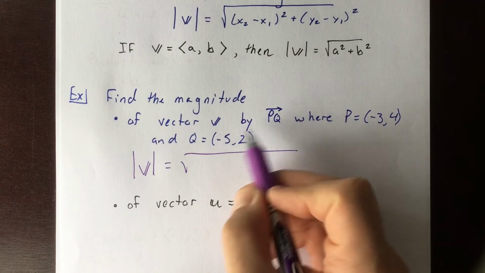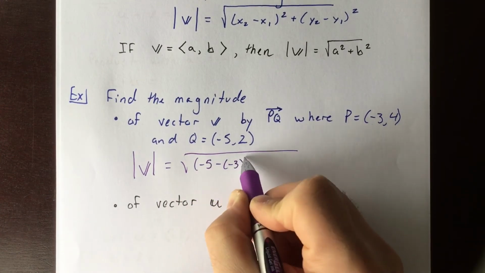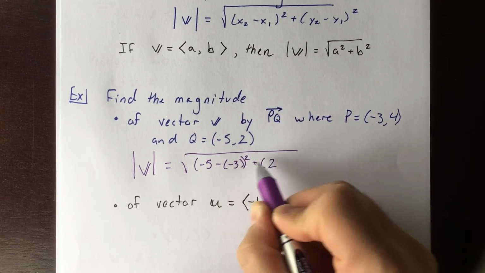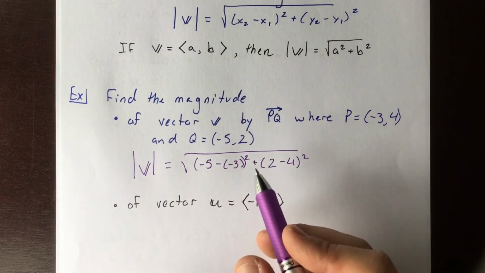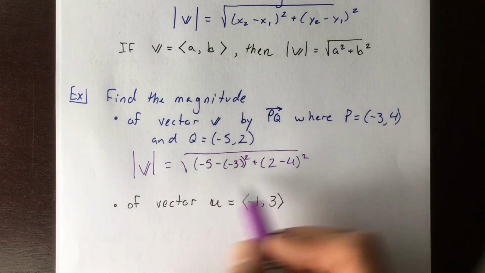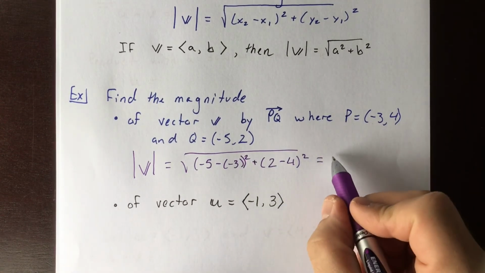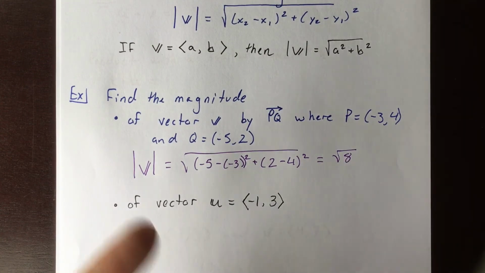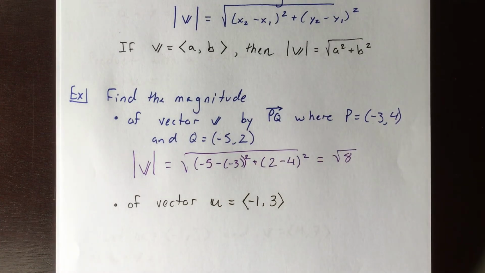Let's see, go on the Q, so we have negative 5 minus negative 3, plus 2 minus 4. And doing the computation there, you'll find that you'll get 2 squared plus 2 squared. So we could say the magnitude is square root of 8. The magnitude of the vector from P to Q is square root of 8. No approximation, it's just the exact.